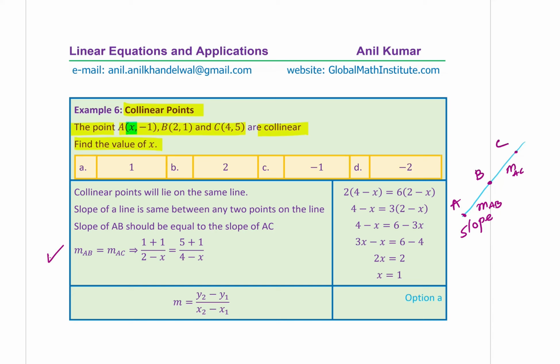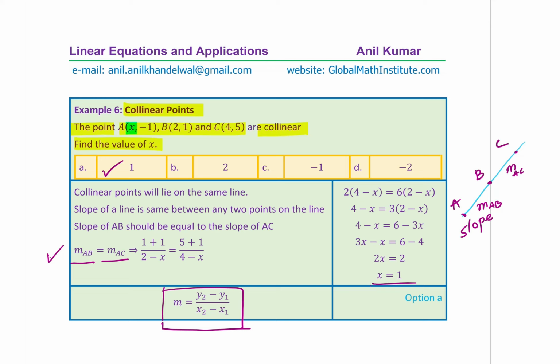So that is what has been done. Slope, as you know, is y2 minus y1 divided by x2 minus x1. Substitute the values to find the slope of AB. Also, for slope of AC, equate them. There is only one unknown, x, and calculate that x value, which you get as 1, and therefore option 1 is the right option. Perfect.